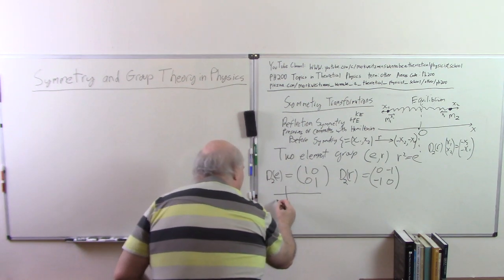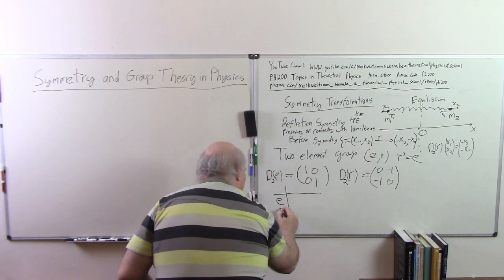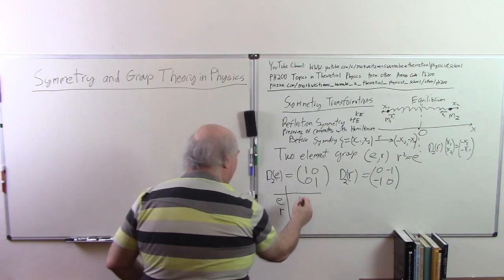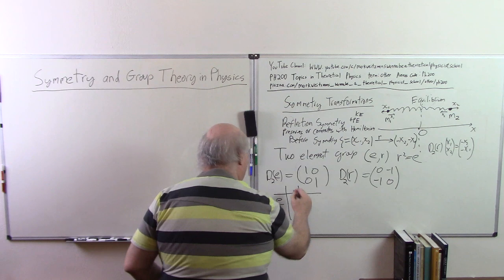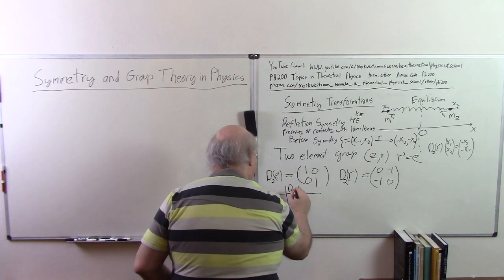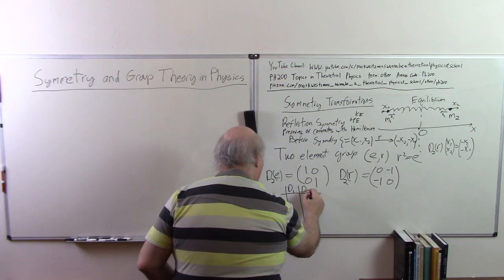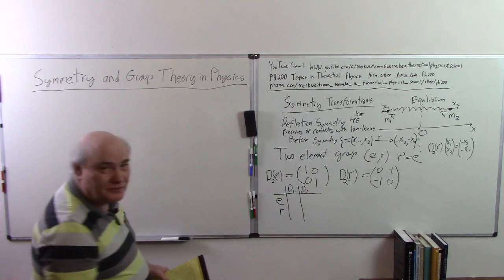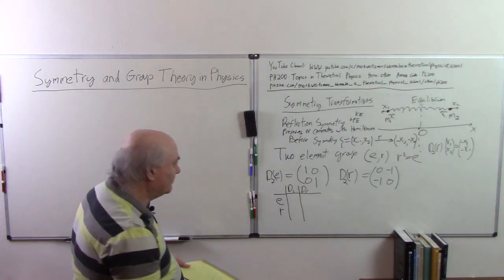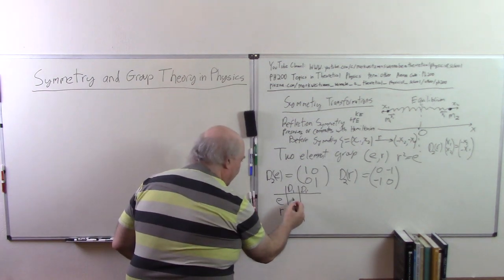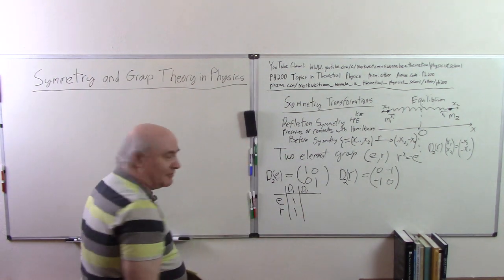So let's call this E, let's call this R, let's call this D1 and D1 prime. There's only two ways to represent this group. One is everything is represented by 1, just a number.